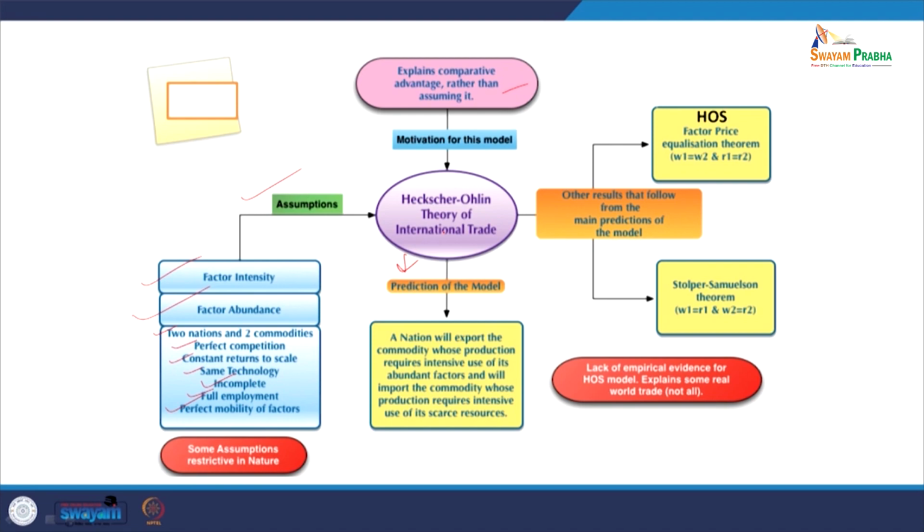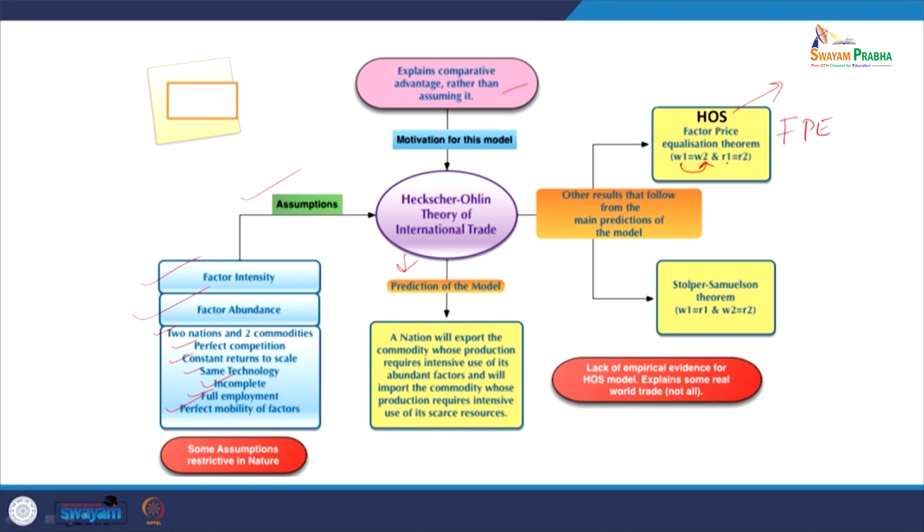Other aspects of HO theory are HOS, Samuelson, where we started discussing the factor price equalization theorem, which states that the wage rate of country 1 should be equalized with the wage rate of country 2 after trade.